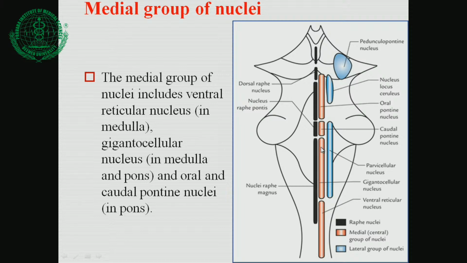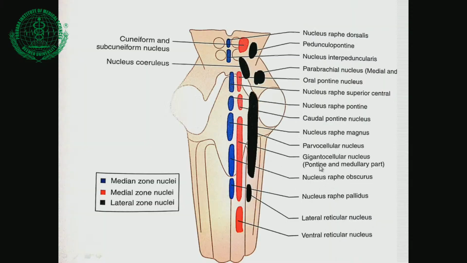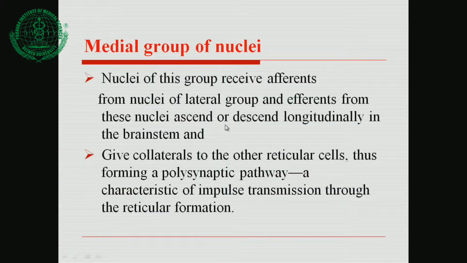Large size neurons are there. Third group of nuclei: various nuclei arranged in various groups. A few additional nuclei are also included in this column. Median group, blue one. This is the medial group, red one, and black one is the lateral group of nuclei. Additional few names are there, but the main names I have told you.